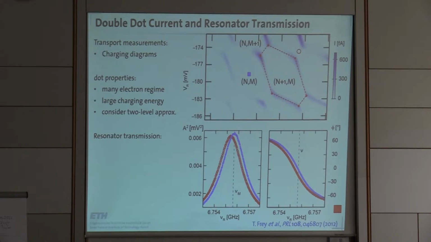Then you can go to a different position, for example on this line that connects two triple points, and you can see how your resonator responds. You see a little frequency shift of the resonance frequency, and you also see that the amplitude got a little bit smaller, and you can measure not only transmission amplitude but also transmission phase. So what is on the y-axis?